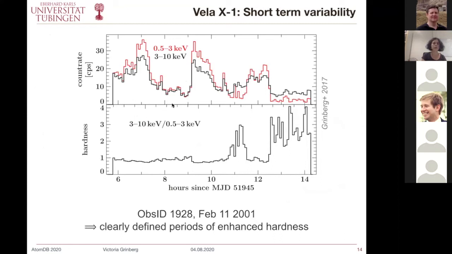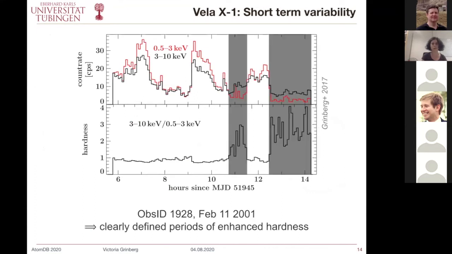But if you also look into the hardness of the source, so again, it changes with the spectral shape, you're going to see that there are periods of increased hardness that do correspond to low flux, but not only. For example, here's a low flux period that does not go hand in hand with increased absorption. So we have a source that flares, but at the same time, we have changing variable absorption, changing stuff in front of the source. And these are the things that we are actually interested in.